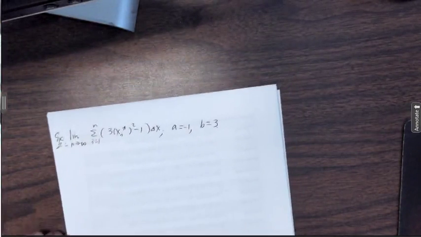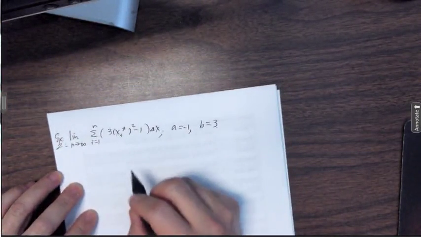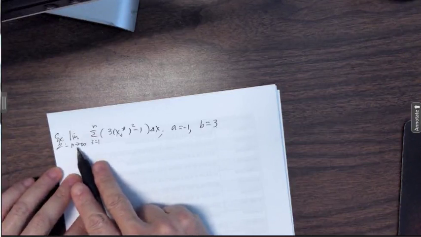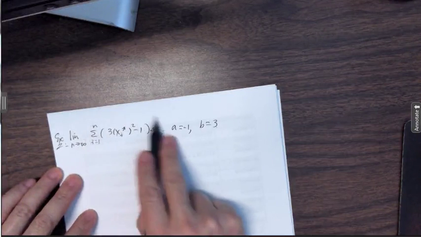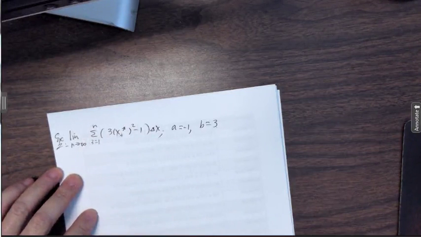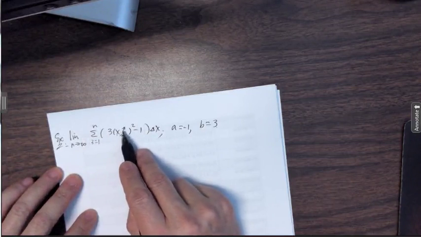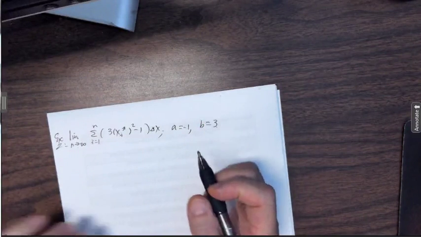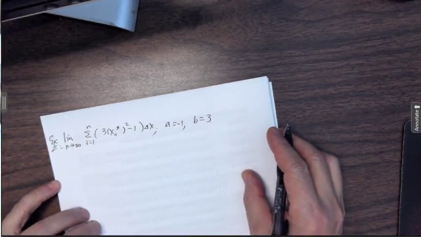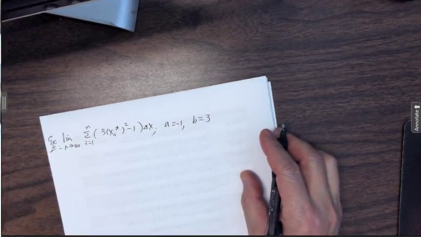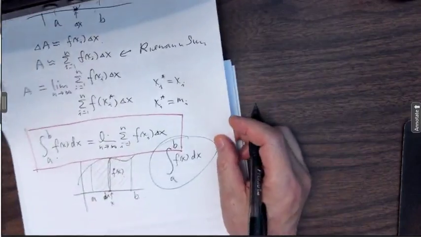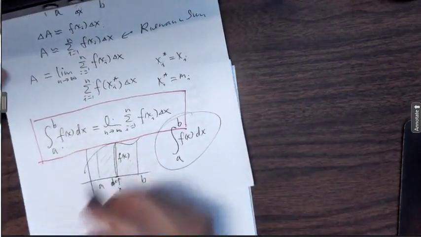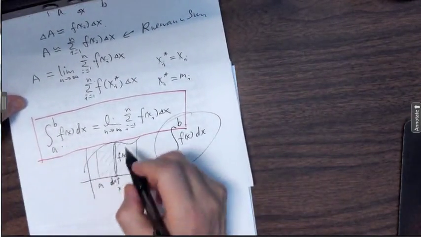Alright, first let's find the limit of this Riemann sum. Here we use x sub i star, meaning just some arbitrary point from those short intervals. Let's look at the formula we're going to use one more time.